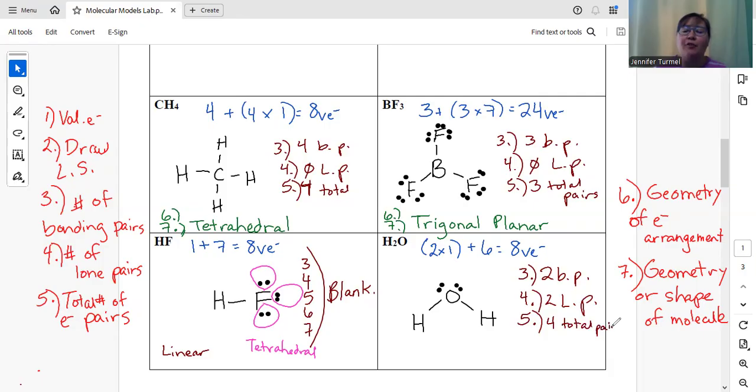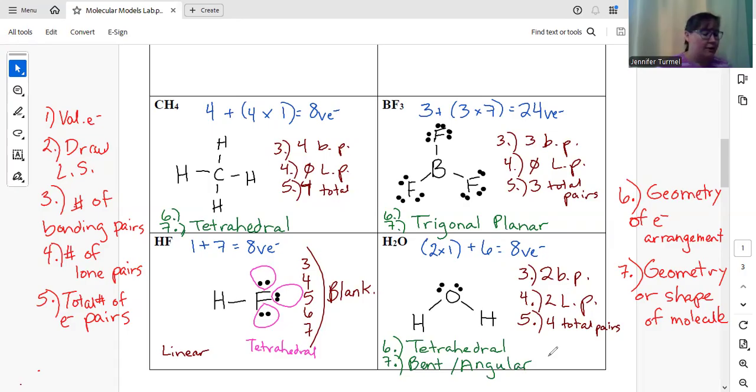And we use that 4 total pairs to determine first the geometry of our electron arrangement, and that's going to be tetrahedral. And then we basically ignore the lone pairs when we're finding our shape, and we look back and see that this will have what's known as a bent or angular shape.